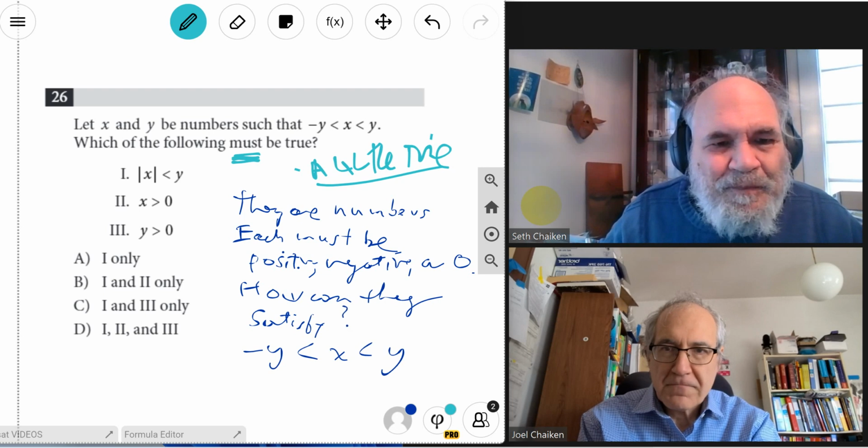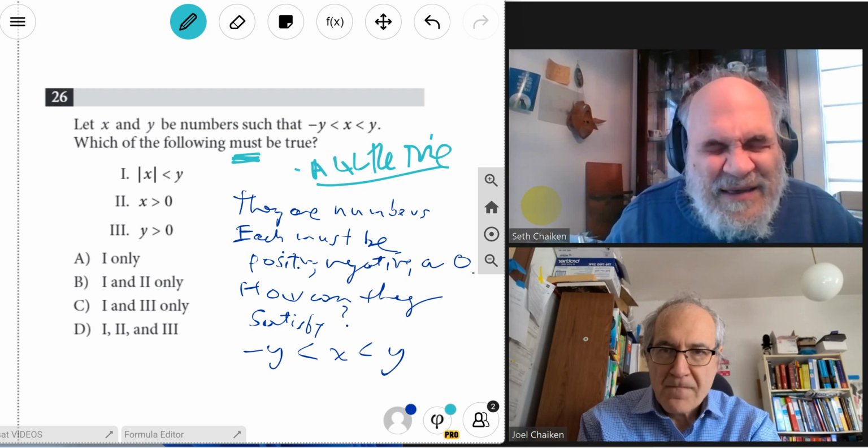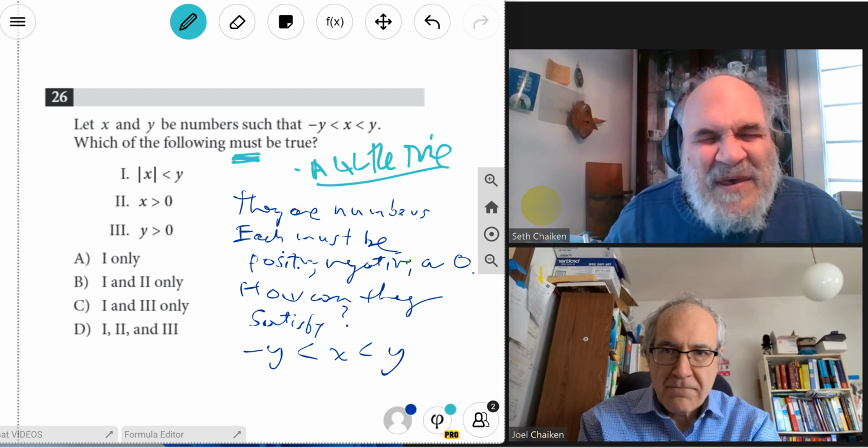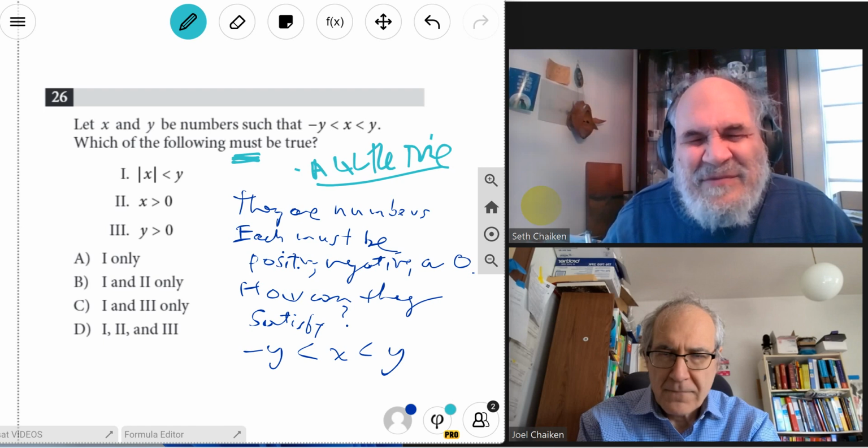Well, first, how can they say that minus y is strictly less than plus y? That cannot be if y is zero, and it cannot be if y is negative.